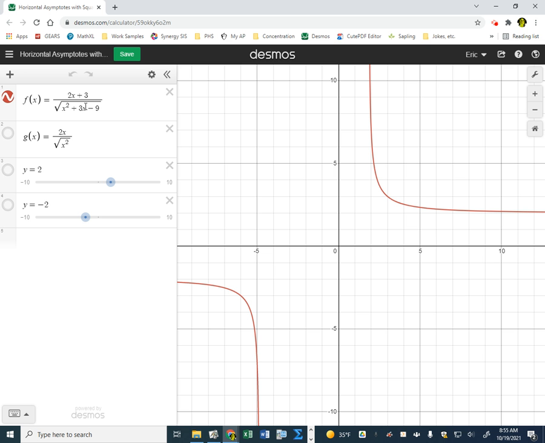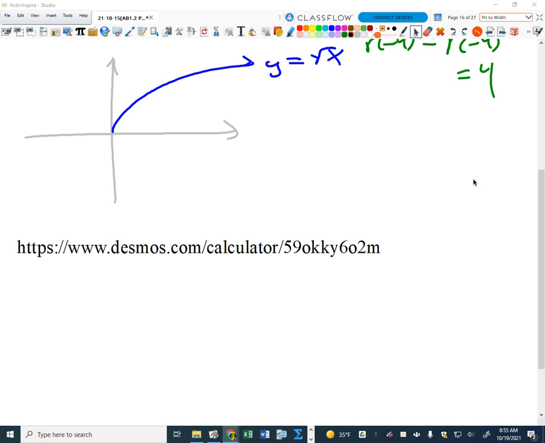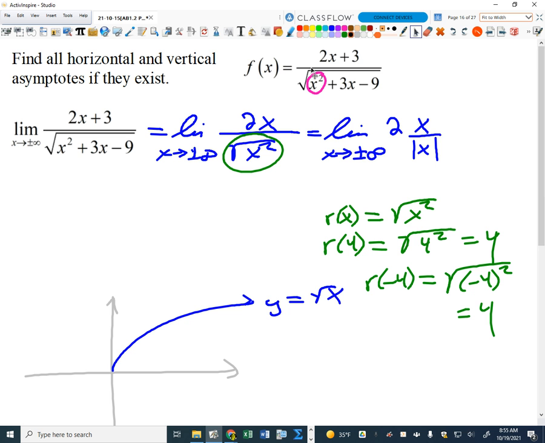There's the original function that we had. Here is a graph of what the limit looks like, right? We said that we could simplify the limit of this bizarre function up here, which might have all kinds of strange behavior. In the limit that x approaching plus or minus infinity, we just looked at the ratio of the leading terms, and we got 2x over the square root of x squared.